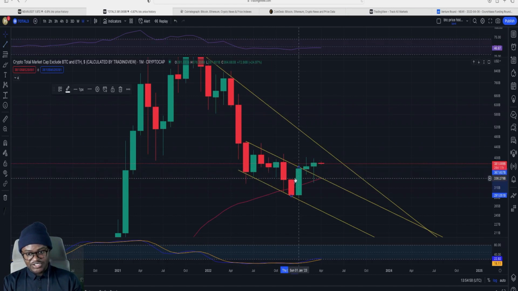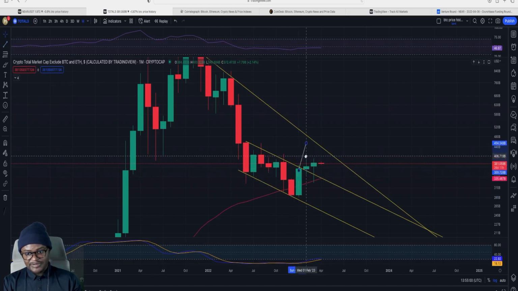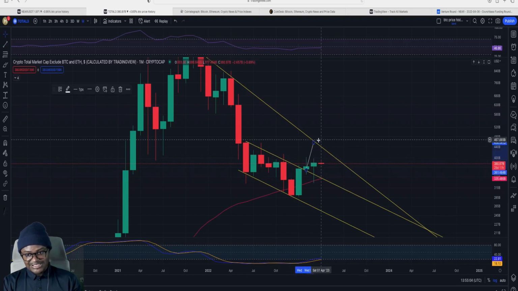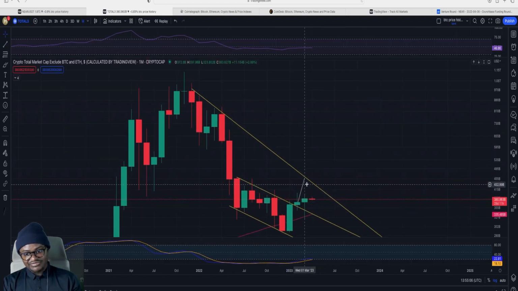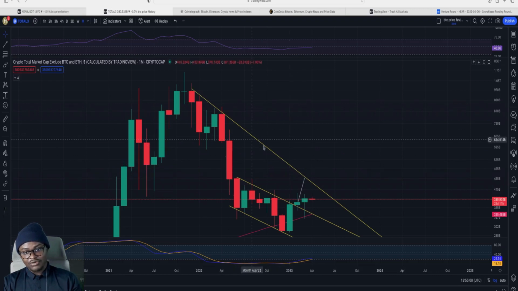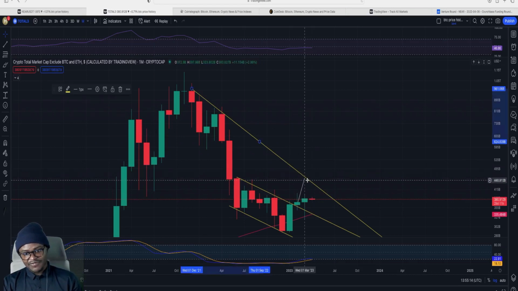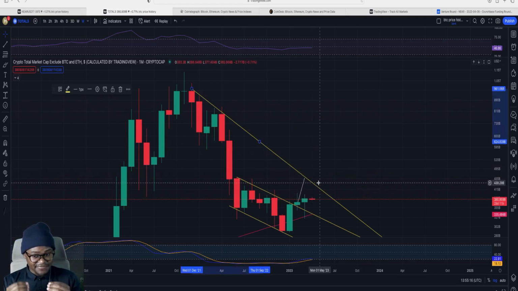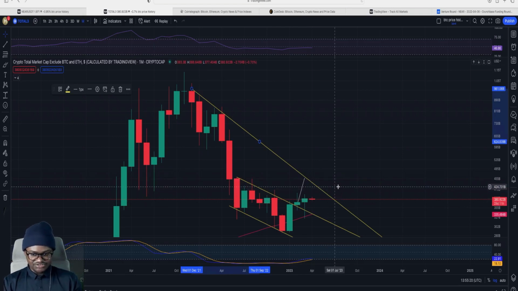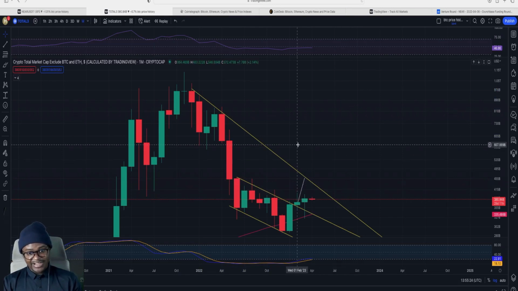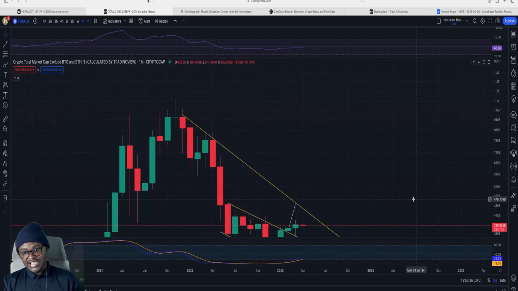You take from here to here and you put to the upside where it broke out of that channel. Now you see that this is actually targeting the next resistance, which will be the downward sloping trend line from the all-time high. I personally believe that if altcoins actually broke out of this trend line, then we will see extremely violent moves in altcoin prices to the upside, and that violent move may not be the same as Bitcoin.